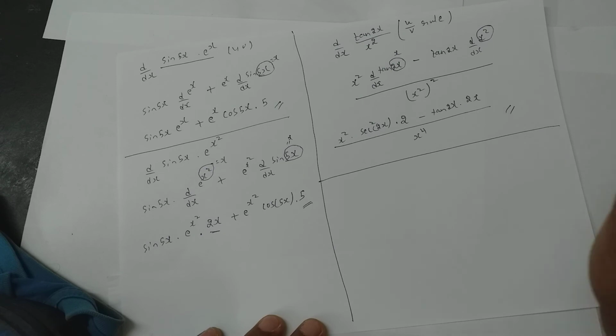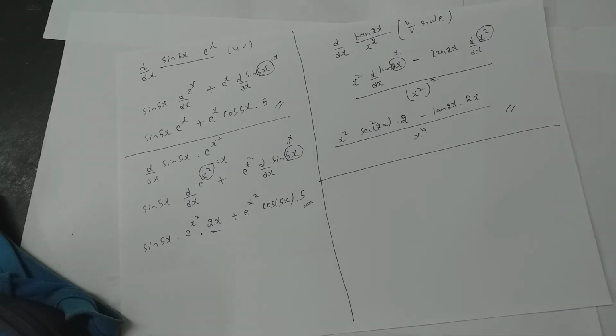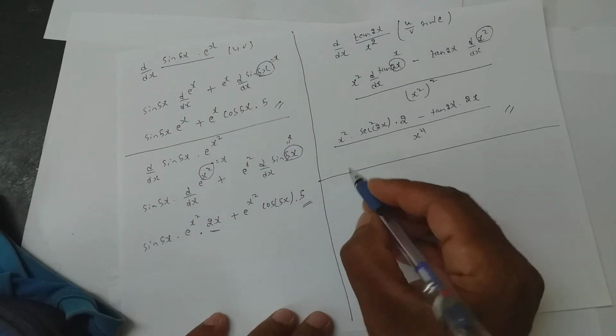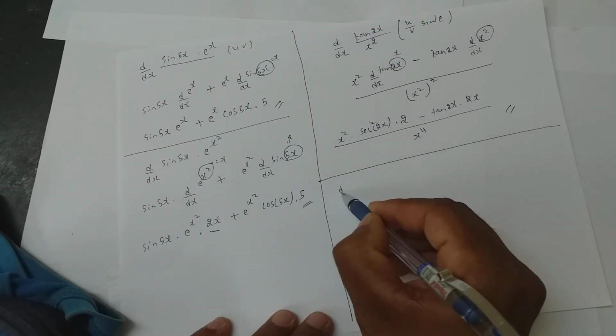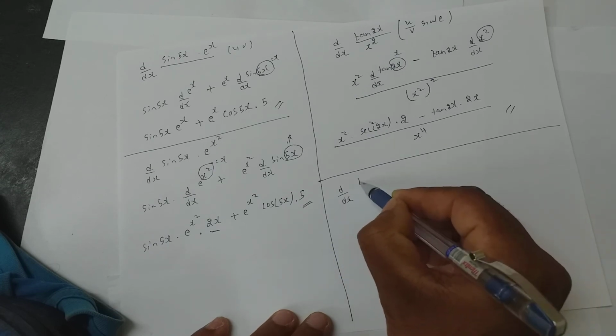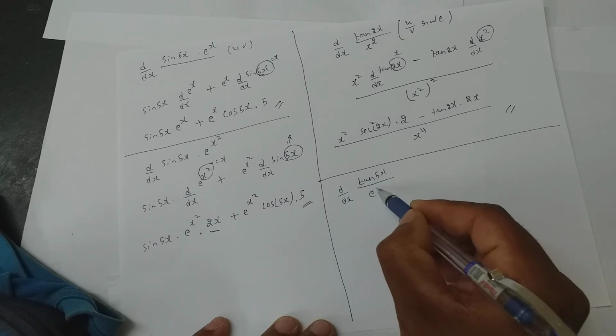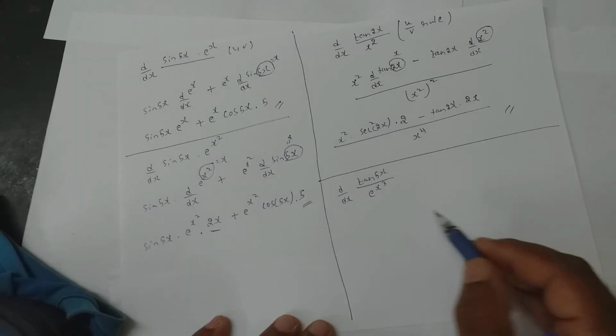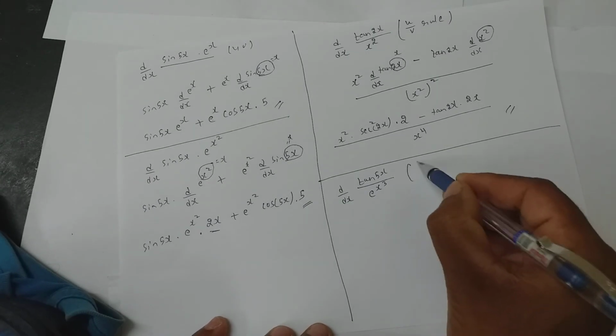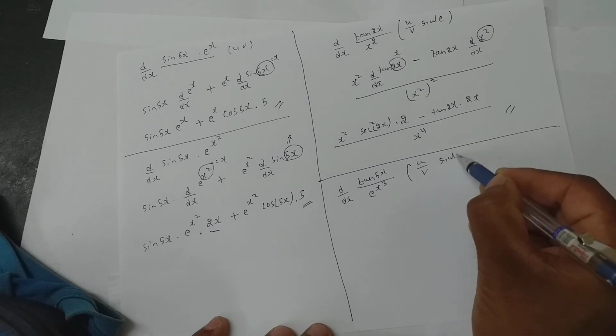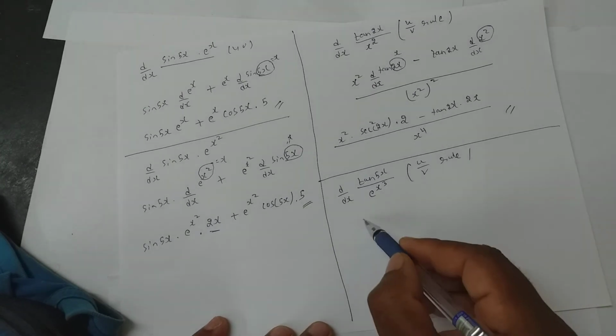Whatever you are assuming to be x, just differentiate it at the end. Clear? Now one more example for better understanding. If it is d by dx of tan 5x by e power x cube. Looking at it again, what do you need to apply? The u by v rule, that's for sure. So what does the u by v rule say?